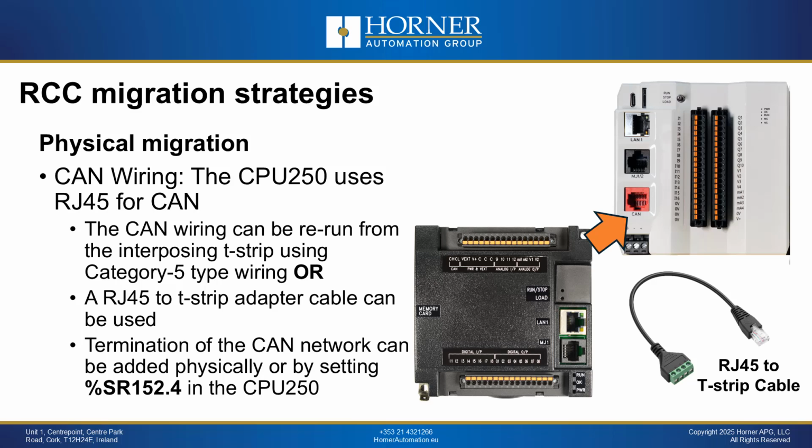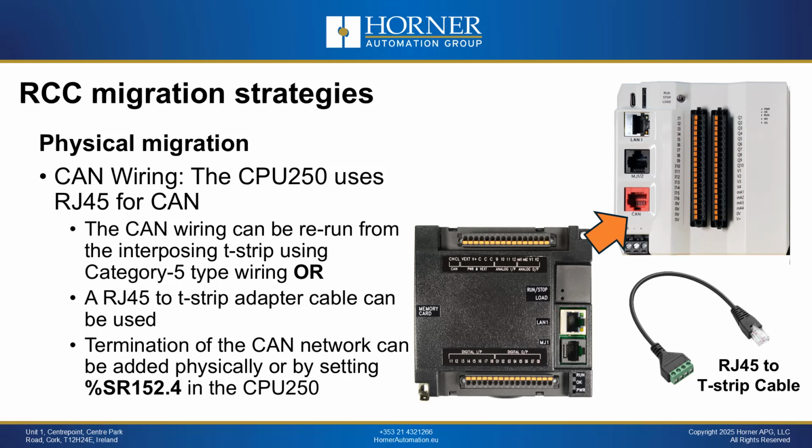If it is at the end of the network, you do not have an easy place to put a physical resistor with the CPU250, but the CPU250 does have a software enabled CAN termination, so simply by turning on a system bit, you can turn termination on, so you do not have to mess with the physical resistor.